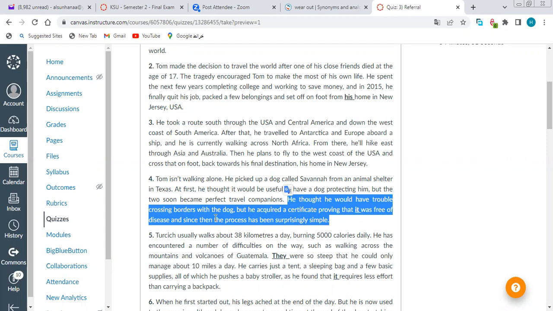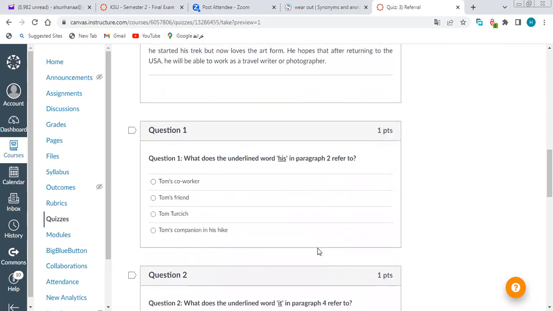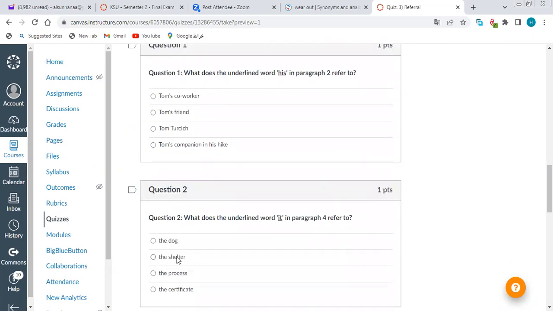And since then, the process has been surprisingly simple. So "it" here refers to what? The dog, the shelter, process, or the certificate? The dog. Yeah, that's right, the dog.